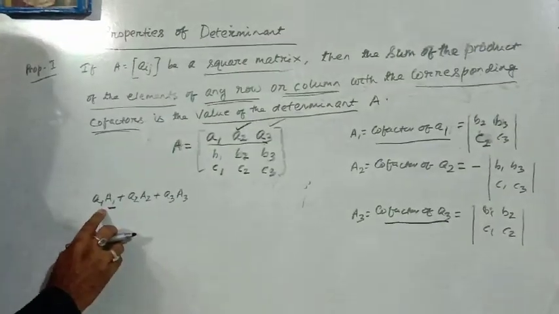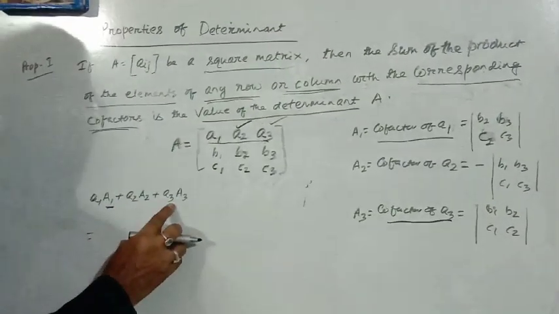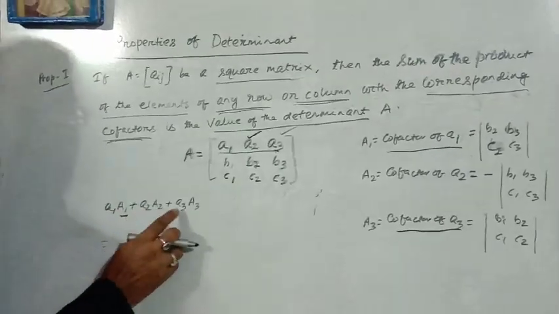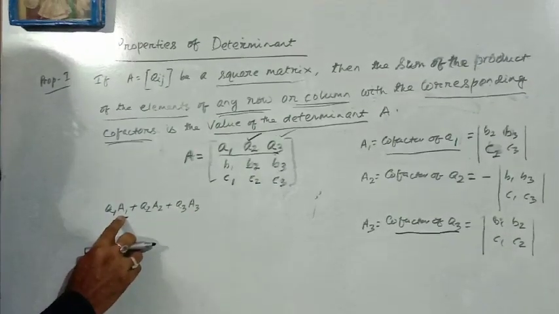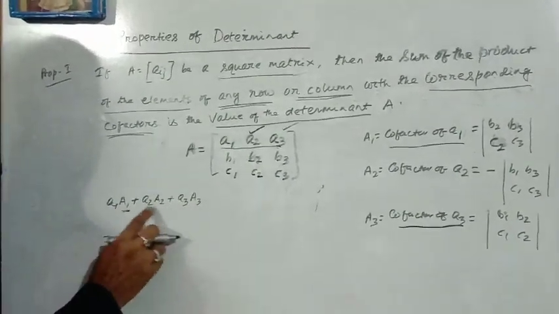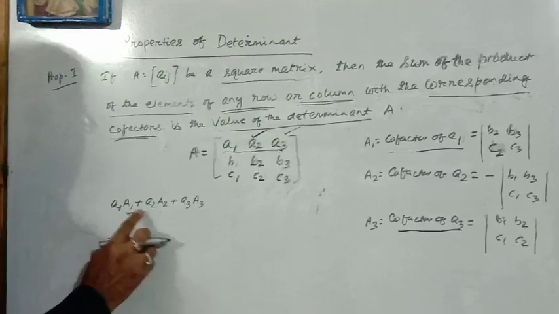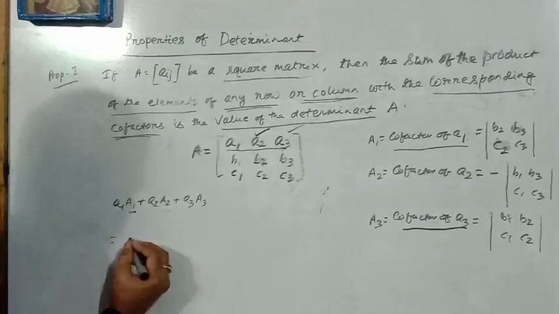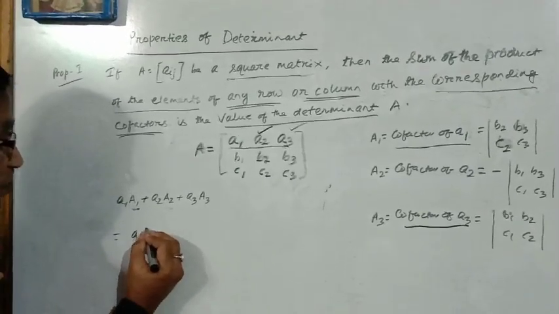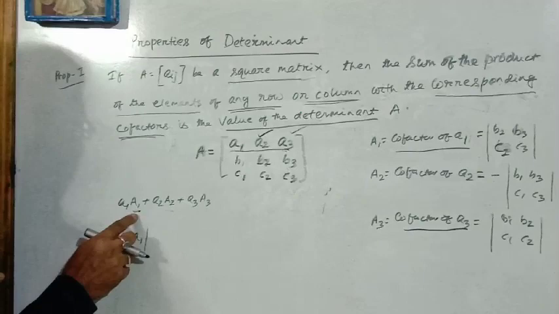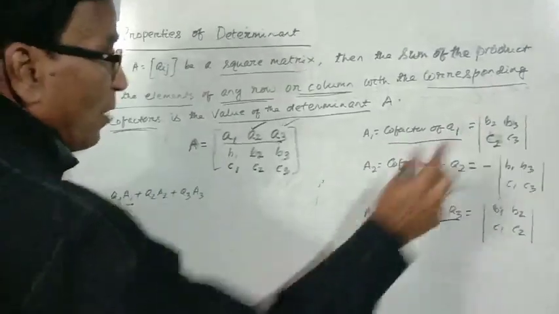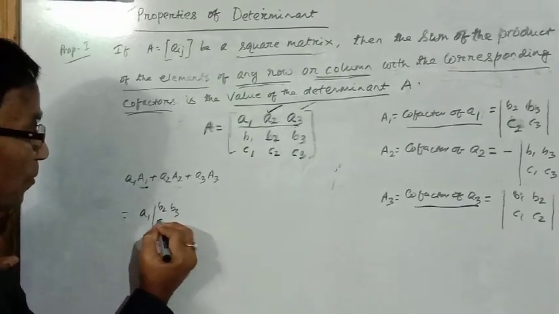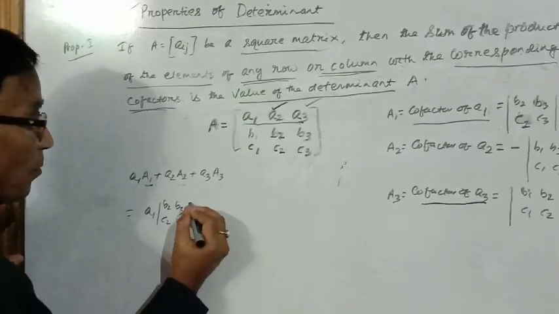Now we will find a1 A1 plus a2 A2 plus a3 A3. That means it is the sum of the products of the elements of the first row multiplied by the corresponding cofactors, where capital A1, A2, A3 are the cofactors of the elements a1, a2, a3. So here you see it is equal to a1 into capital A1, the cofactor of small a1, which is the determinant of b2, b3, c2, c3.